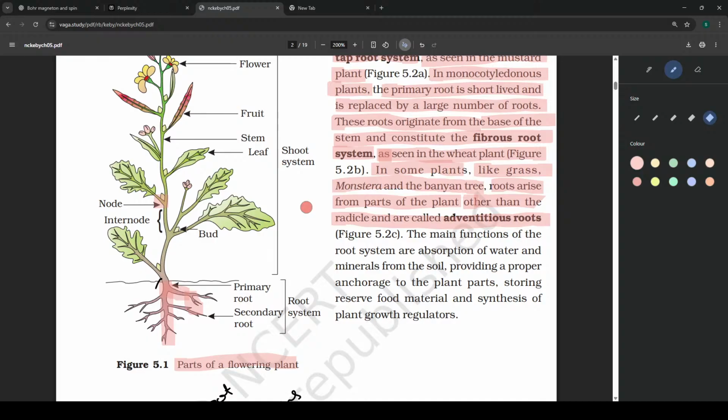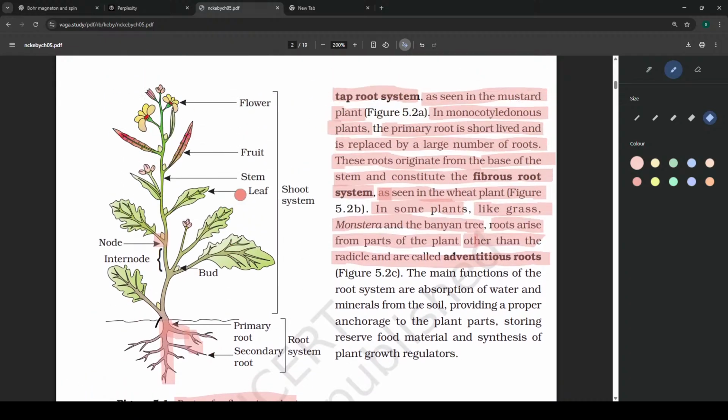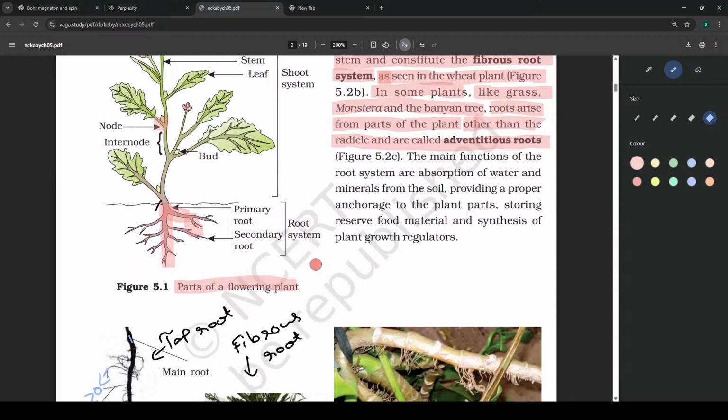Like in case of a banyan tree, if you see the prop supports, very famous, those are all adventitious roots. So their function is support for the banyan tree. And these special roots which arise from parts other than the radicle are called adventitious roots.